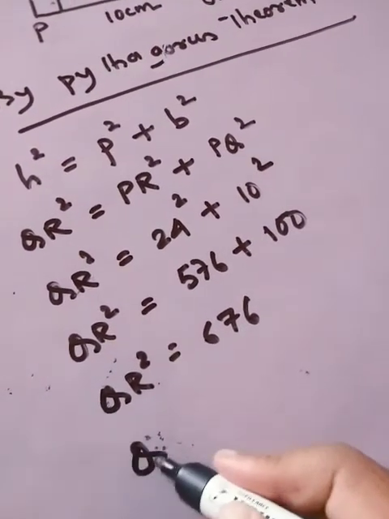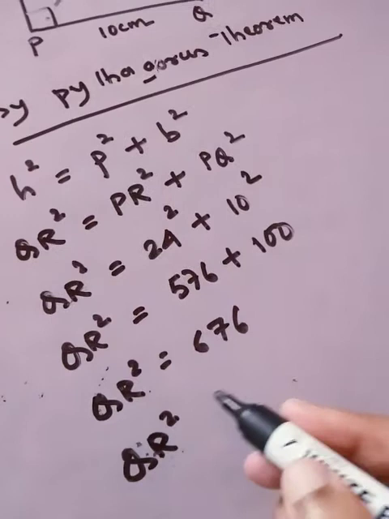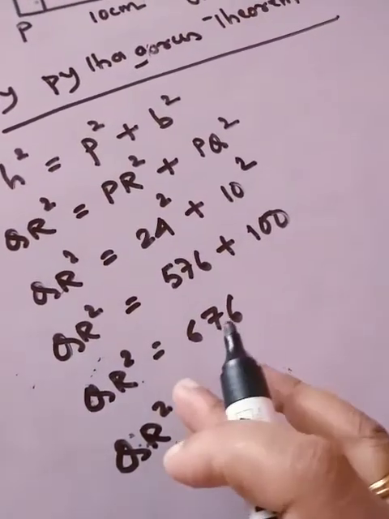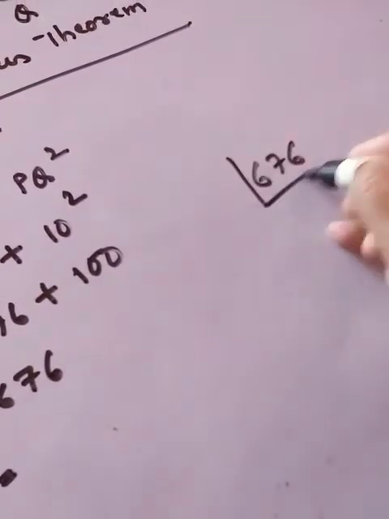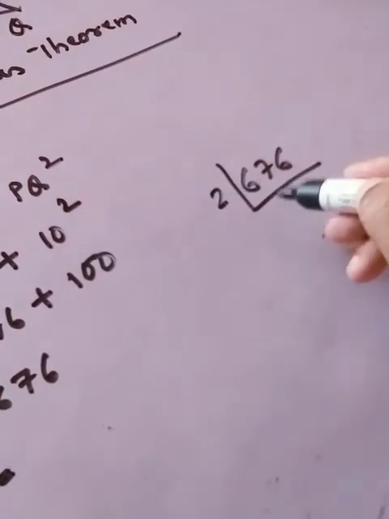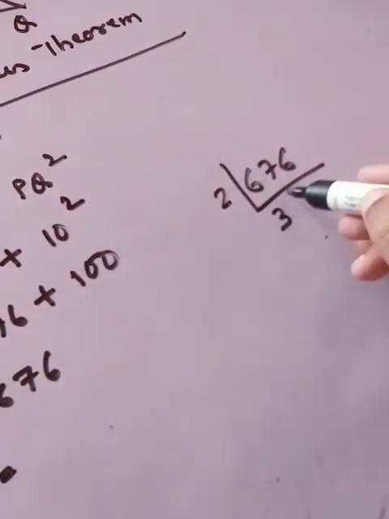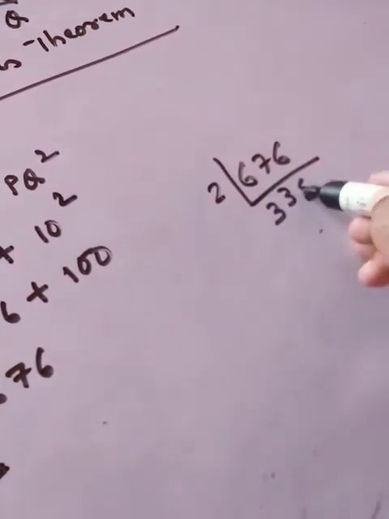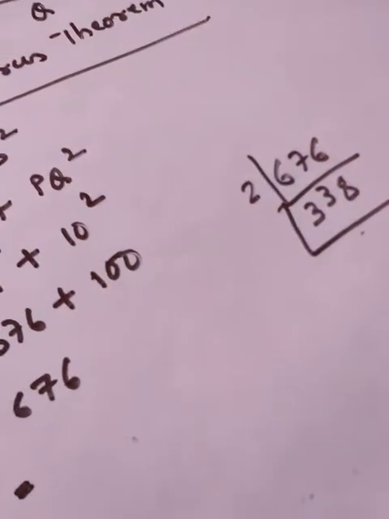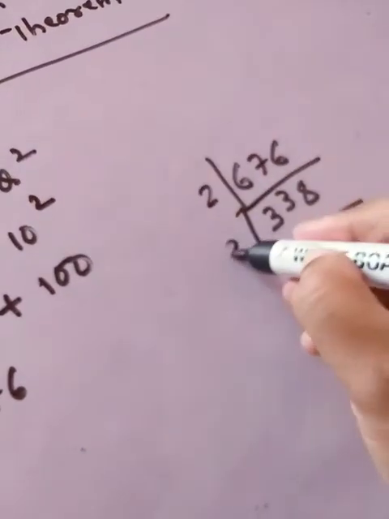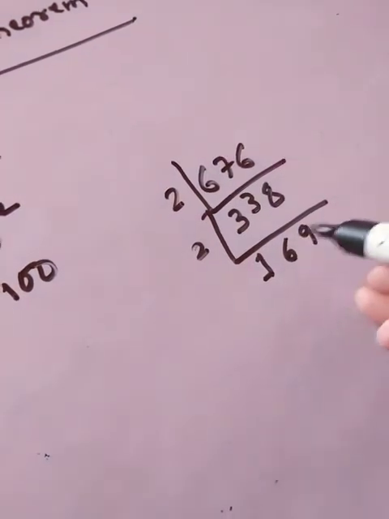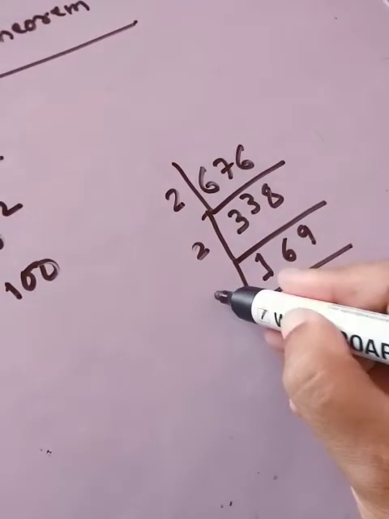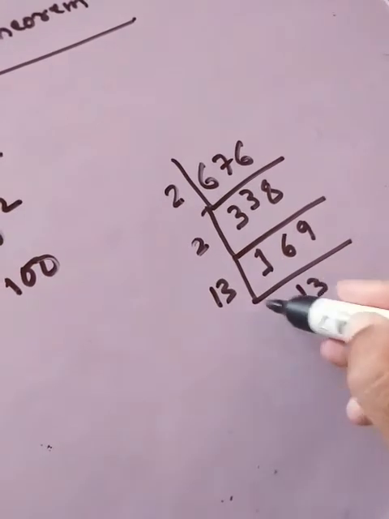Now we'll find the square root of 676. 2 3s are 6, 2 3s are 6, 2 8s are 16, 2 1s are 2, 2 6s are 12, 2 9s are 18, and this is 13 13s. Okay, students.